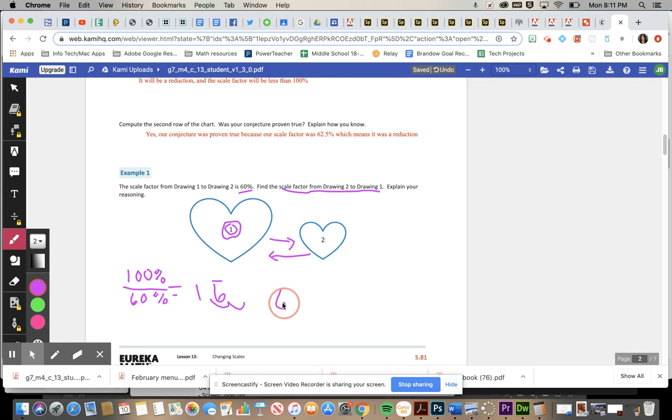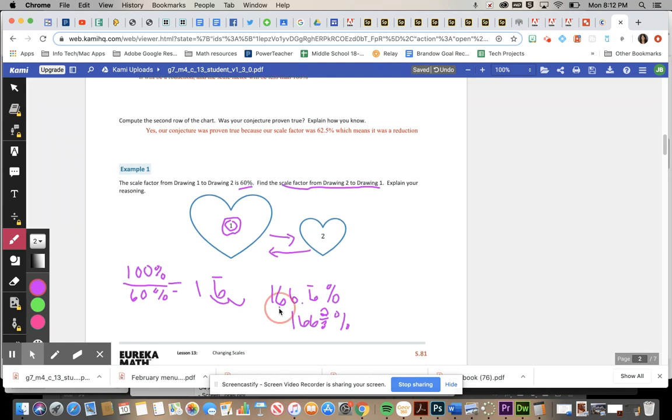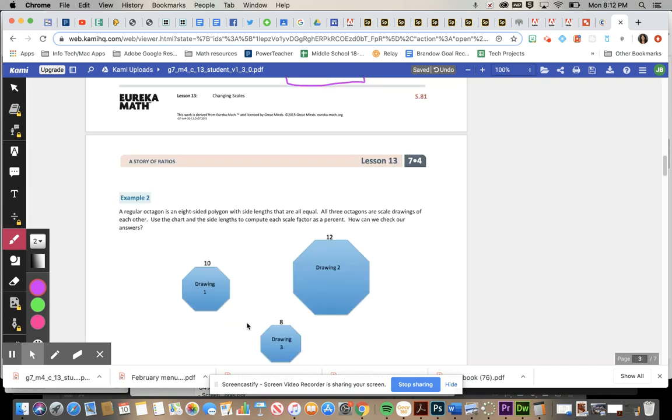So it would be 166, and you could say 0.6 repeating percent, or remember, if it's a repeating 6, you could say 166 2/3%. Okay, so going from smaller to larger is going to be an enlargement, so I know that that looks correct.